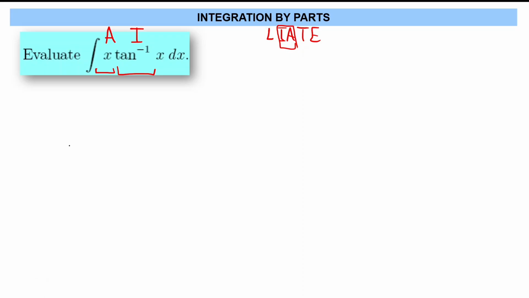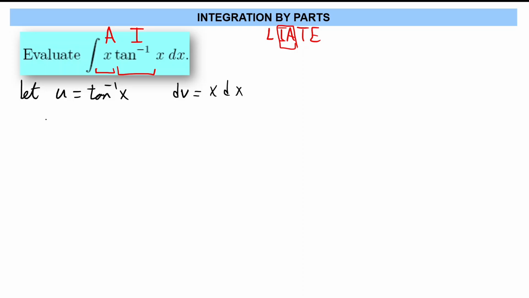Okay, fine. So I'll let U be equal to tan inverse, not X. Maybe if you just solve it by yourself without thinking about the LIATE, many students tend to choose X as U. So U is tan inverse of X, dV is X dx.